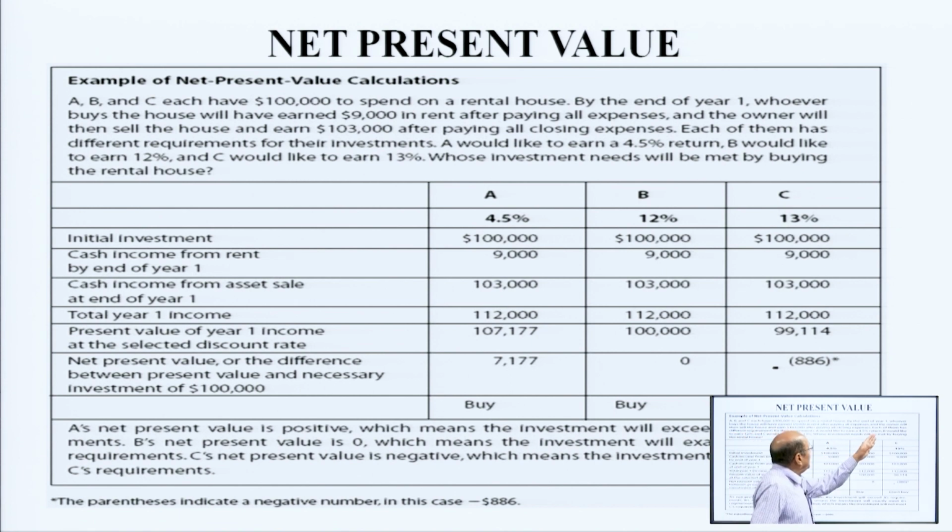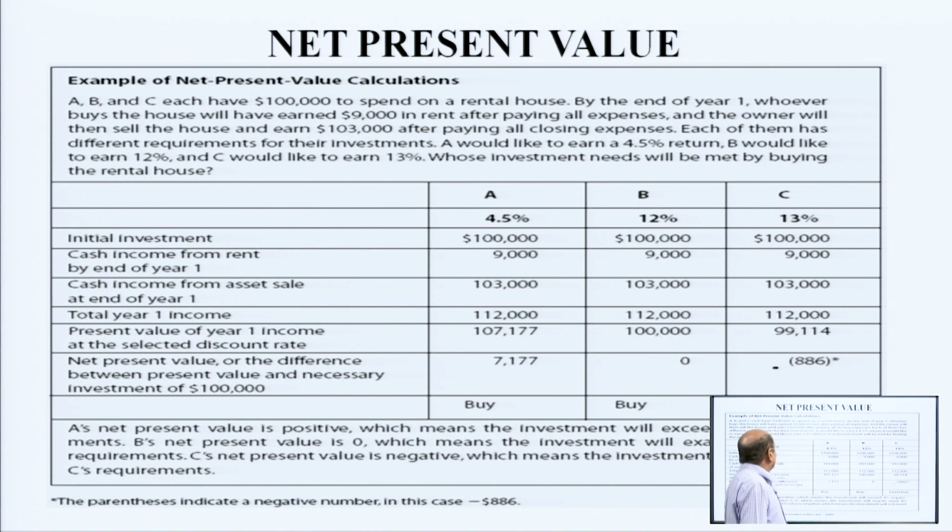By the end of year 1, whoever buys the house will have earned 9,000 in rent after paying all expenses, and the owner will then sell the house and earn 1,03,000 after paying all closing expenses.